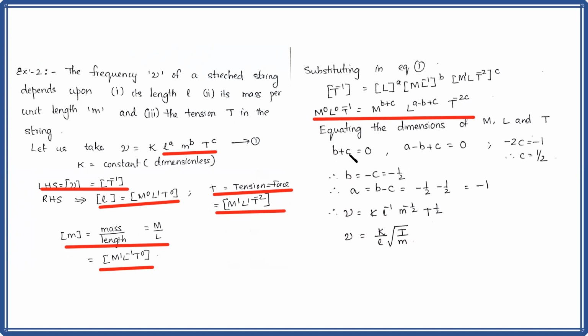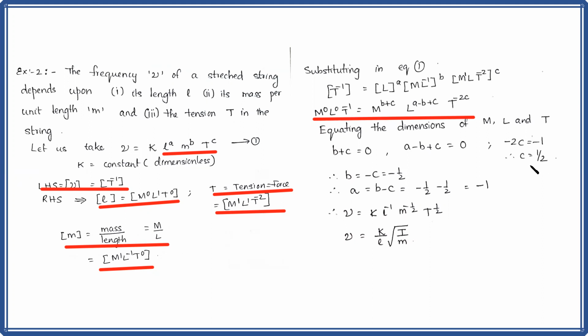There is no mass in the LHS, therefore b plus c is equal to 0. There is no length in the LHS, therefore a minus b plus c is equal to 0. There is T minus 1 in LHS and T minus 2c in RHS, so minus 2c is equal to minus 1, therefore c is equal to 1 by 2.